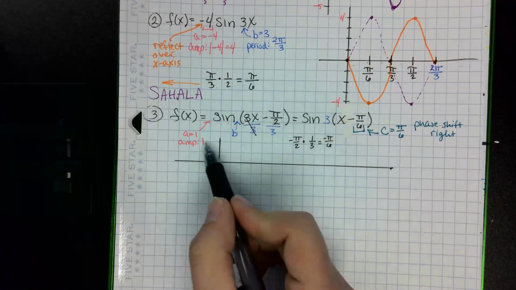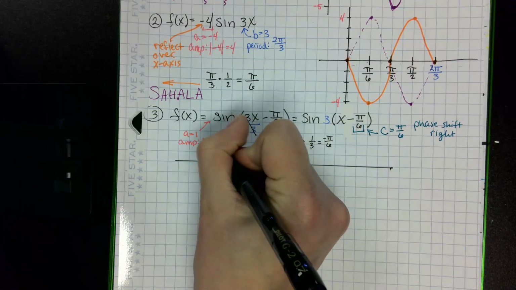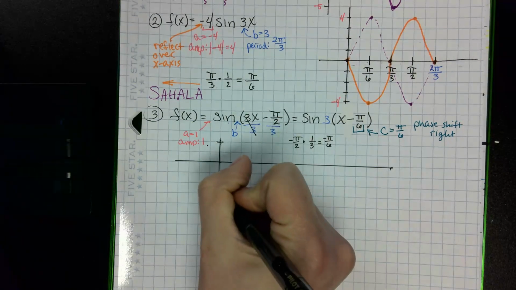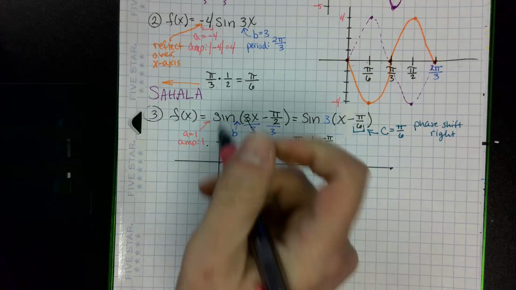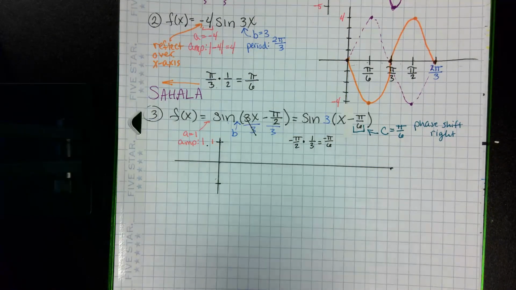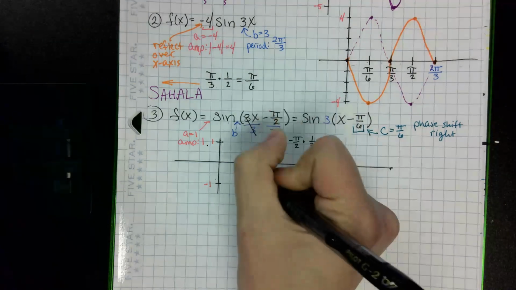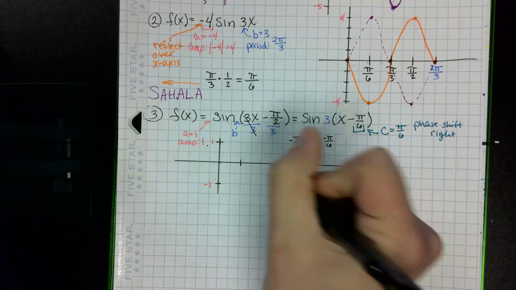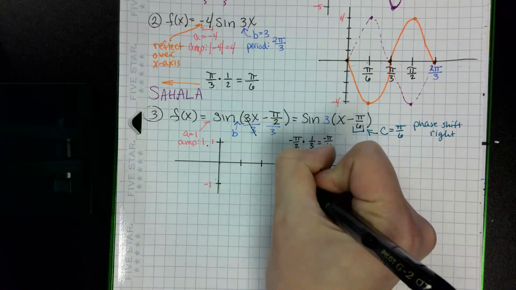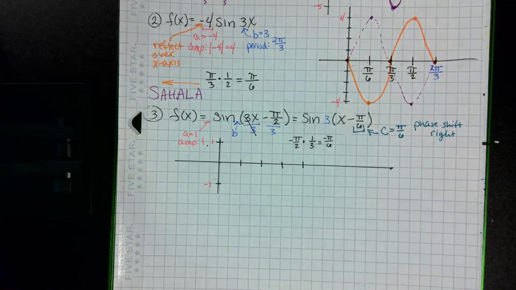So this was amplitude 1. So remember, if it's 1, use 2 blocks for a 1, so it's not all squished together. So positive 1, up 1, and down 1, negative 1. Mark each quadrant. Quadrant 1, 2, 3, 4.